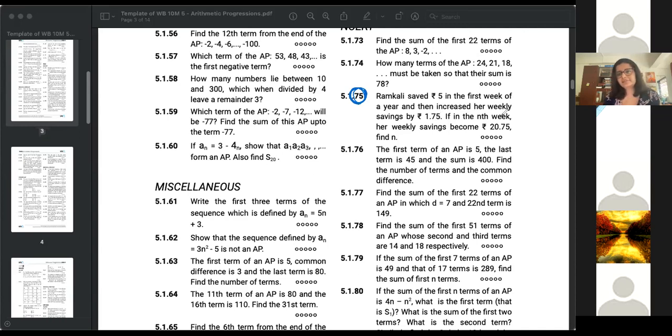So in the nth week, her weekly savings become 20.75 and find n. Exact same concept, very direct question. The twist is that you're not given the AP directly, you need to figure out what is A, what is D, what is N, all that.